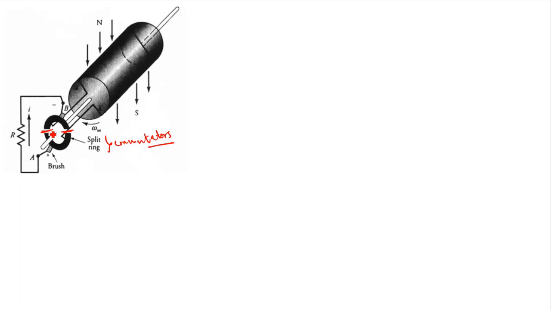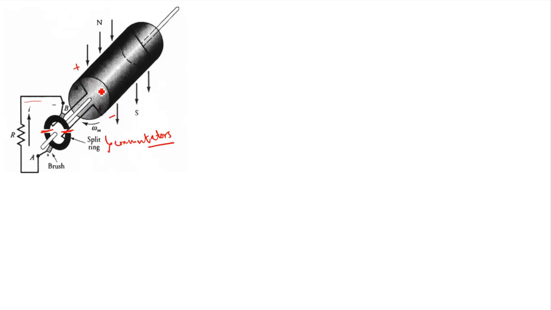And when the brush moves on this commutator segment, you will get DC current here, because your positive sign will never change. Whenever the coil rotates and comes to this side, suppose conductor A under the north pole is giving plus, and under the south pole conductor B is giving minus.